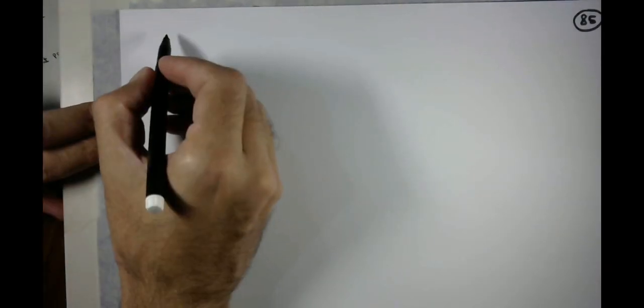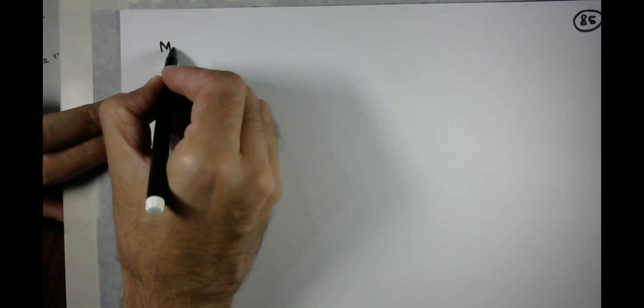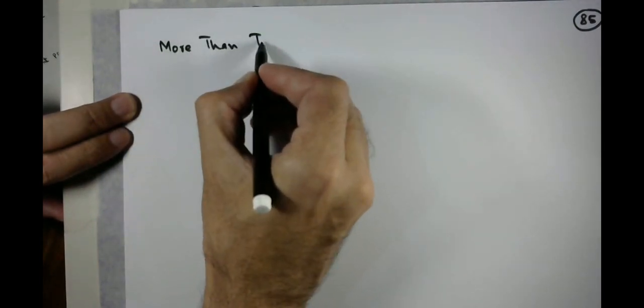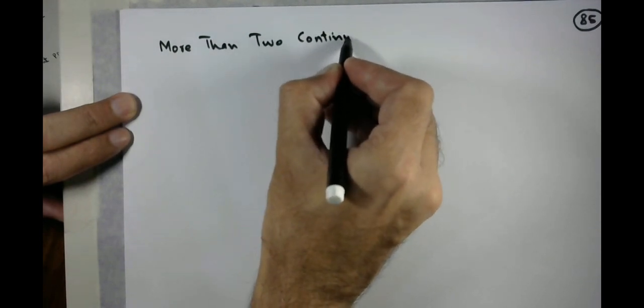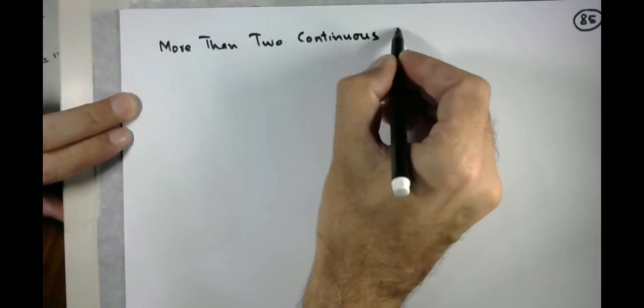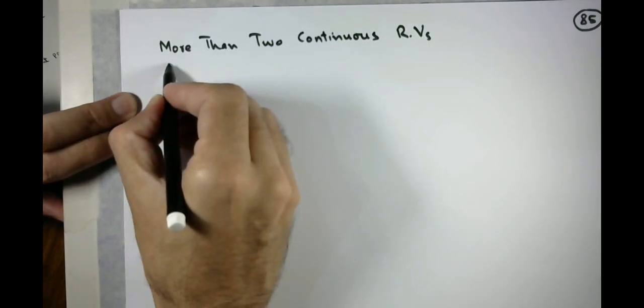Remember, there we had multiple summations and PMFs and CDF. Here we'll have multiple integrals and PDFs and CDFs. So the next topic is more than two continuous random variables.